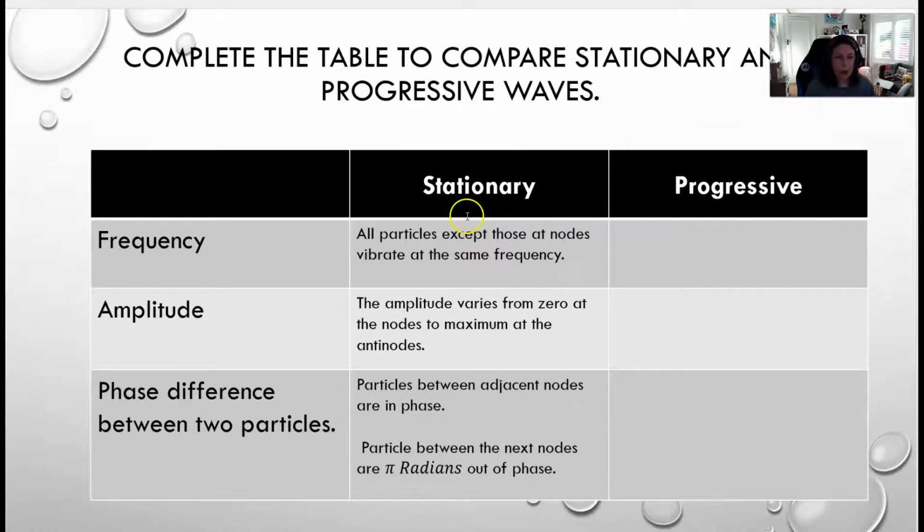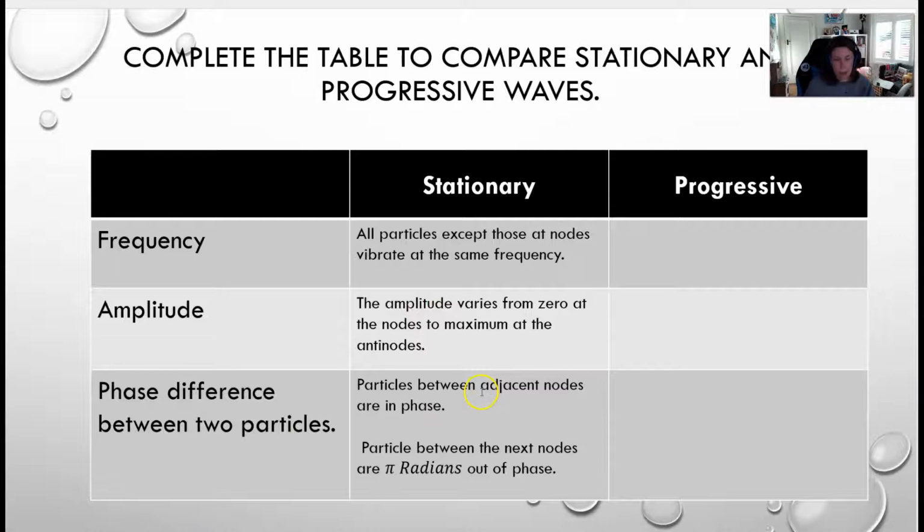Okay, so on a stationary wave, the frequency: all the particles except those at the nodes vibrate at the same frequency. So the nodes don't move, but everything else moves up at the same time or moves down at the same time. So they all have the same frequency. The amplitude varies from 0 at a node to a maximum at the antinodes, and each particle just does its own amplitude.